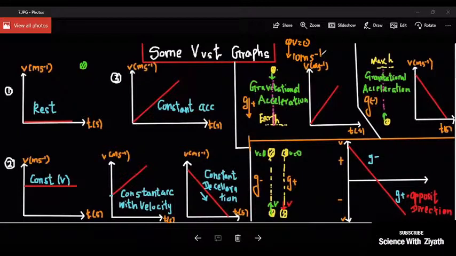After 100 seconds, 1000 ms minus 1. Every second the velocity increases when it falls down. So when it falls down, I have put this plus here, the change of velocity is positive, that is acceleration, and this acceleration is a constant value.